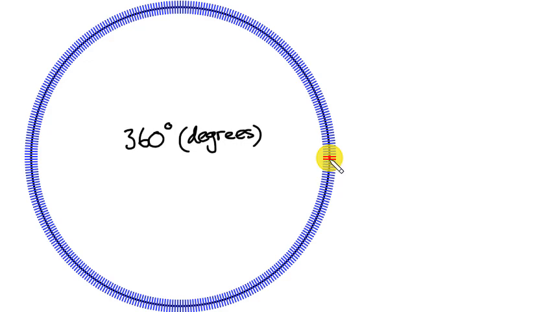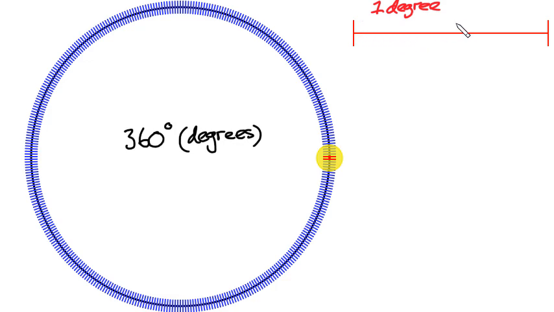Now if we were to zoom in on this degree, this line here represents 1 degree. Now obviously this would have a slight curve in it, which I haven't represented here, but for illustration purposes, it's fine.